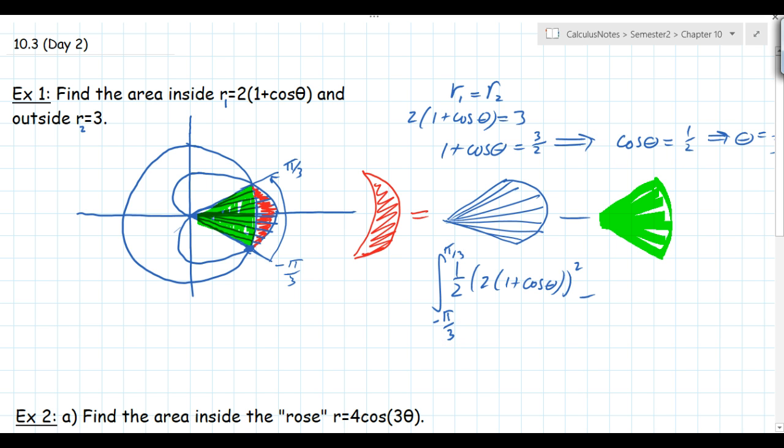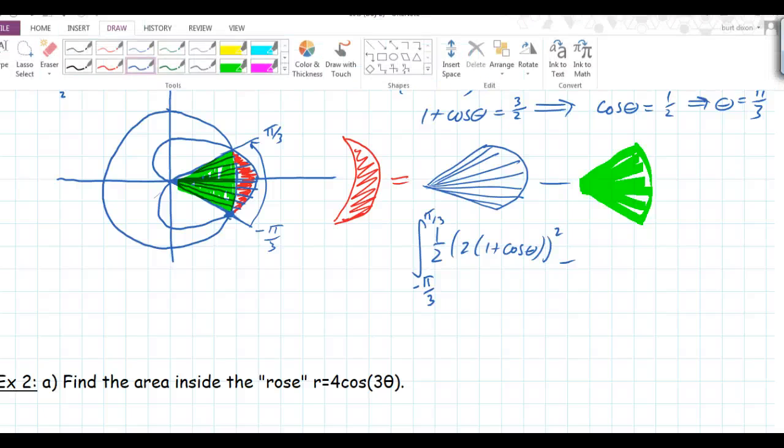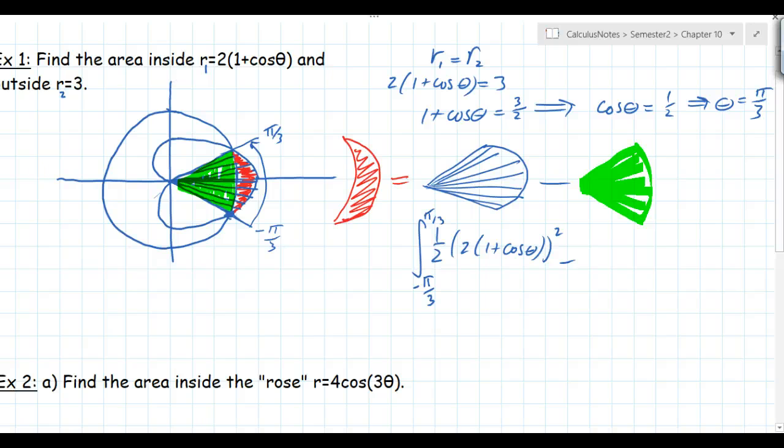And then to get the green area, notice, looking at the original diagram, that green area is just a sector of a normal circle. So we don't have to use calculus to get that area. We could just say that that is, here I'll do it a different way up here. So this is a normal circular sector.